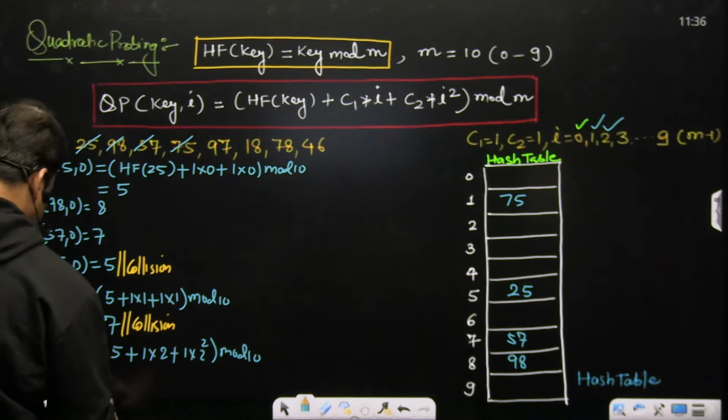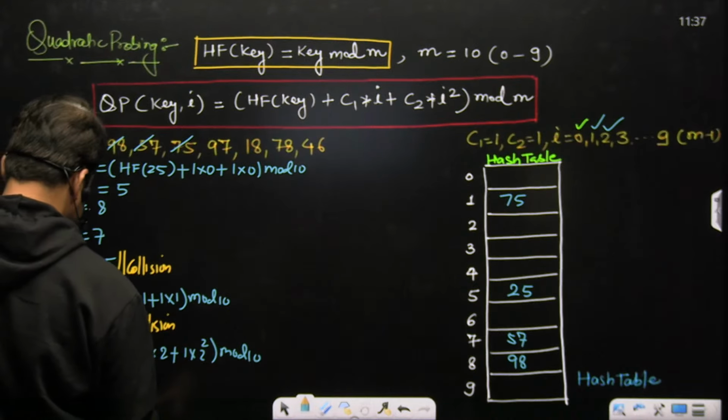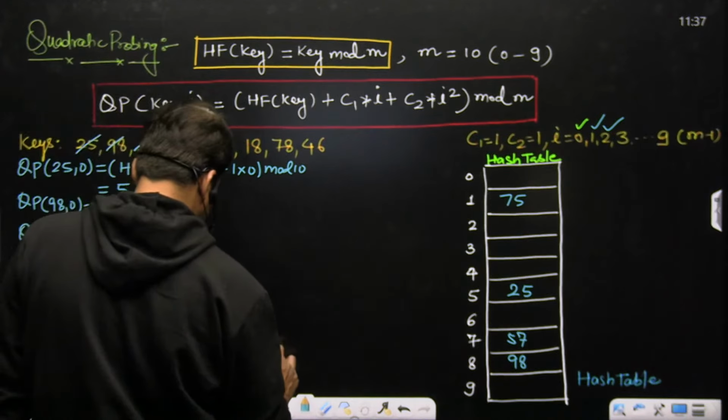Similarly, sir, quadratic probing. 97,0. We write 1 here.